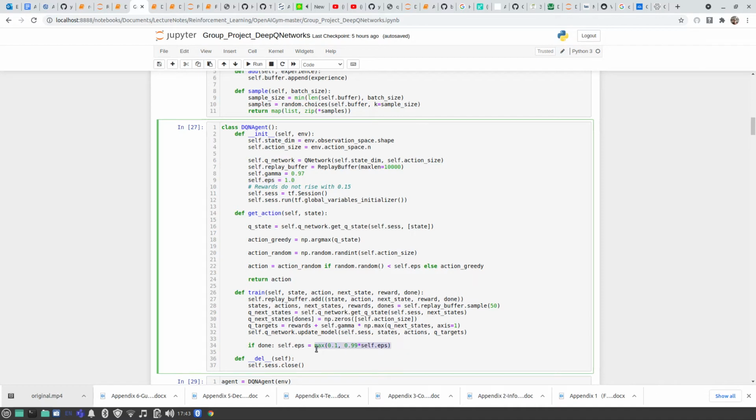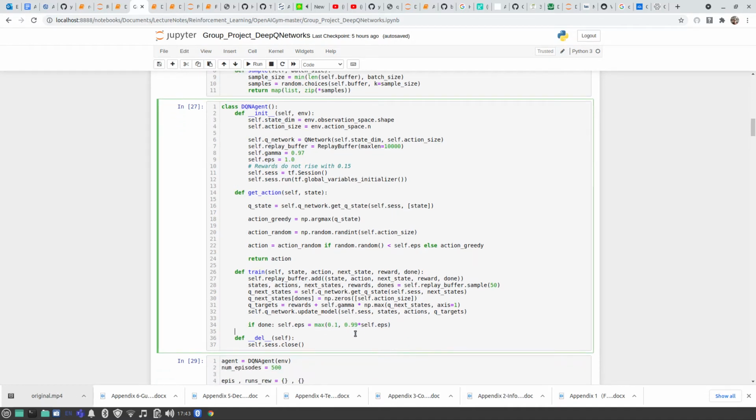The final hyperparameter that was tested was the epsilon, which is reduced by the game by this equation here. As the game goes on, it's automatically reduced from 1. So at the beginning of the game, it's 1. We tested it to be 0.15 and 0.5, but the results were terrible to start with, and did not improve.